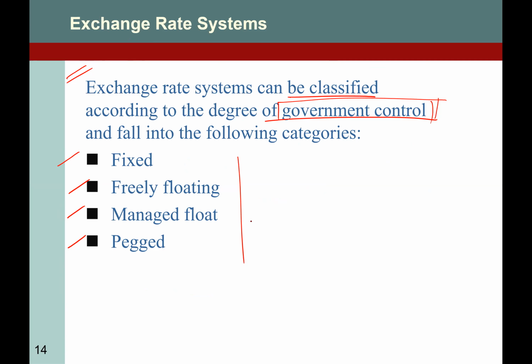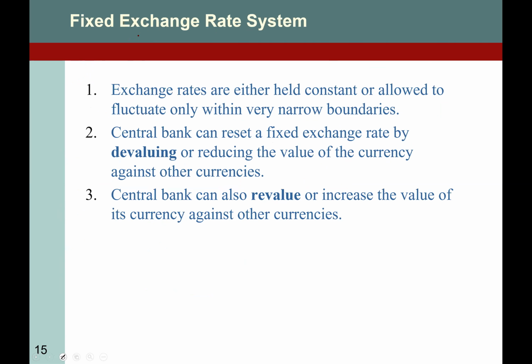We are not required to go into the history. I won't be requiring you to memorize all these dates. But what I am requiring from you is to understand its advantages and disadvantages. So let's talk about number one, the fixed exchange rate system.